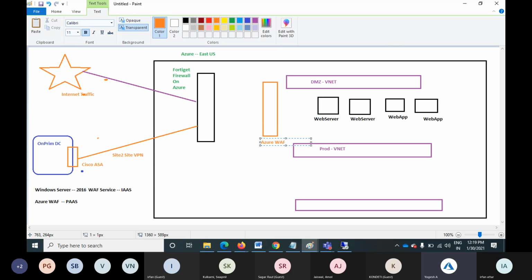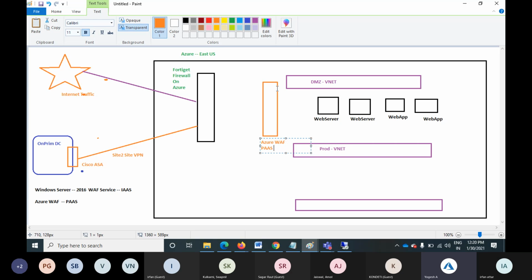Now, instead of Azure WAF, you can have a FortiGate WAF as well. You will get the Cisco WAF as well. So there are multiple products, and you have to decide which product you want to use. When you use Azure WAF, which comes under PaaS, platform as a service, everything is managed by Microsoft in the backend. But third-party solutions like FortiGate, Cisco and Palo Alto also provide WAF appliances.